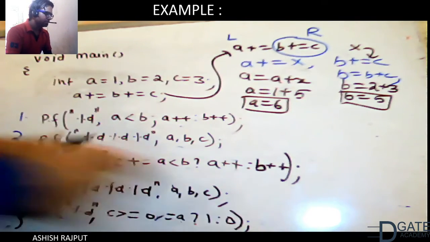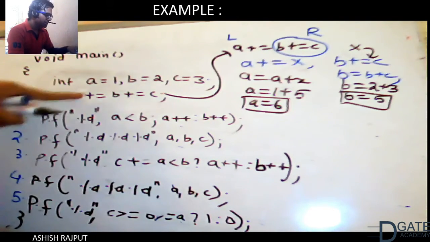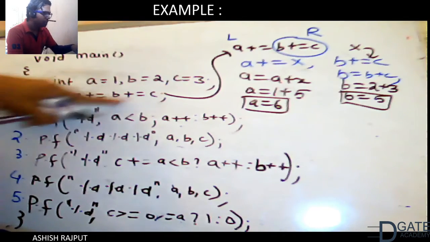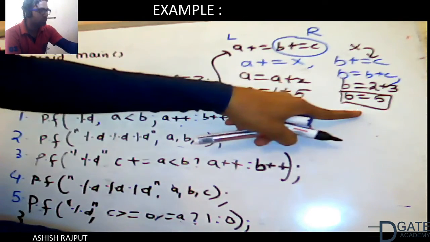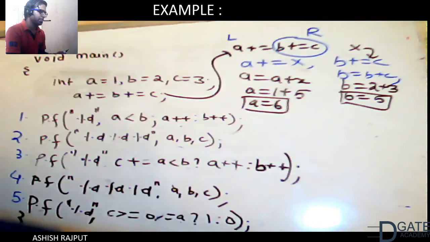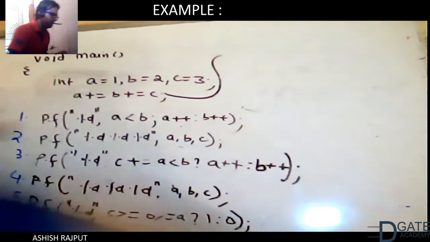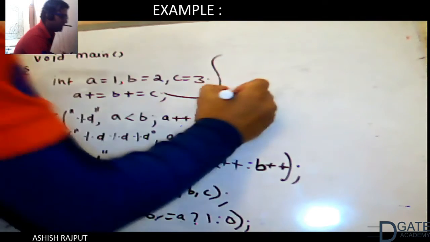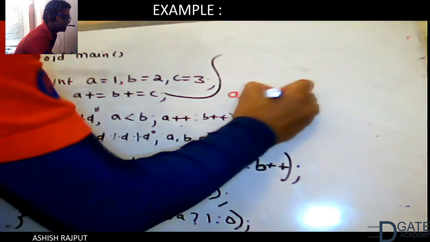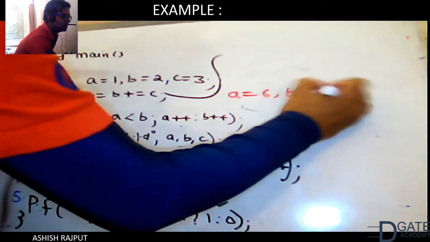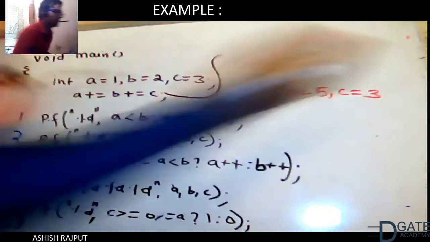So after this statement is executed, a is equal to 6, b is equal to 5 and c is equal to 3.